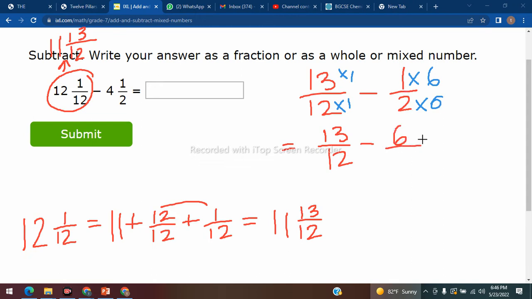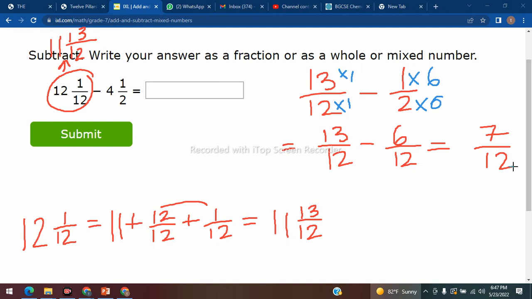And 2 times 6 is definitely 12. And so now we have 13 minus 6 is 7, and 12 remains. So it's 7 over 12.